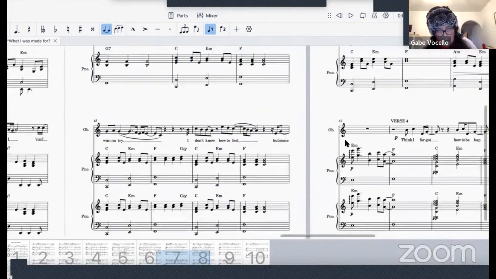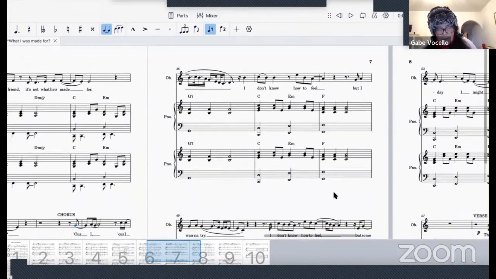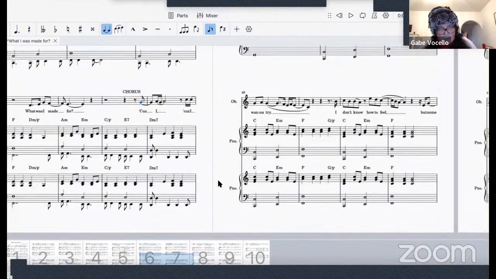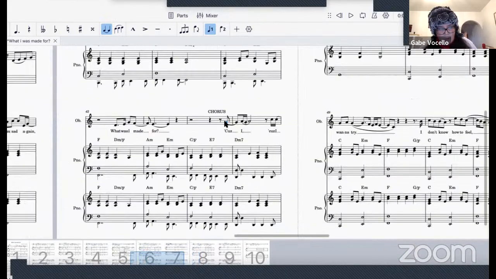So this I would call a B part. Instead of the chorus, I would call it the B part, and we call the first part the A part up to here, and that here is the B part.